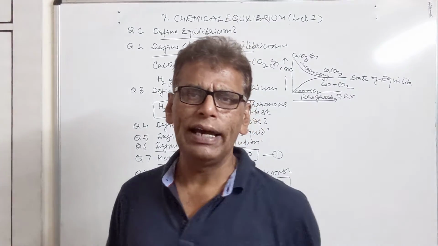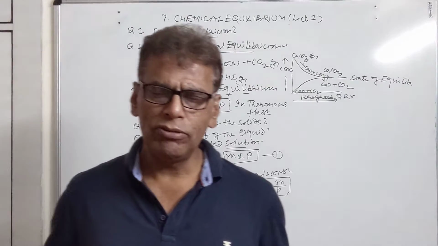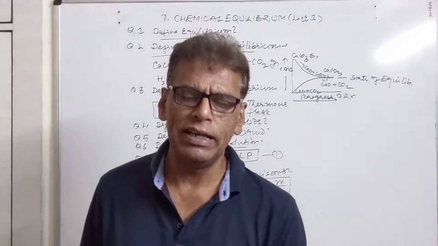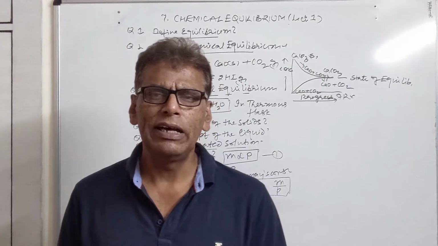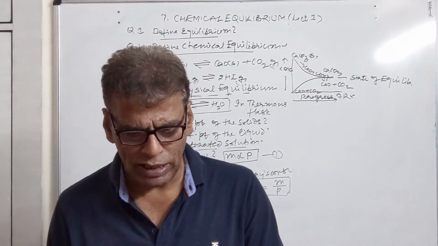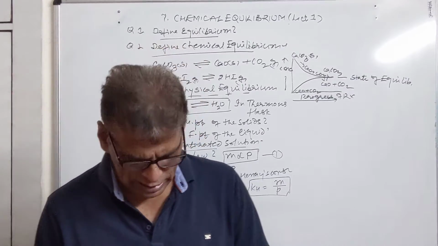One is the forward reaction, another is the backward reaction, and their rates are equal at the equilibrium point. So it is said to be dynamic in nature because it does not involve only one reaction, it involves both the forward as well as the backward reaction. That's why it is said to be dynamic in nature.